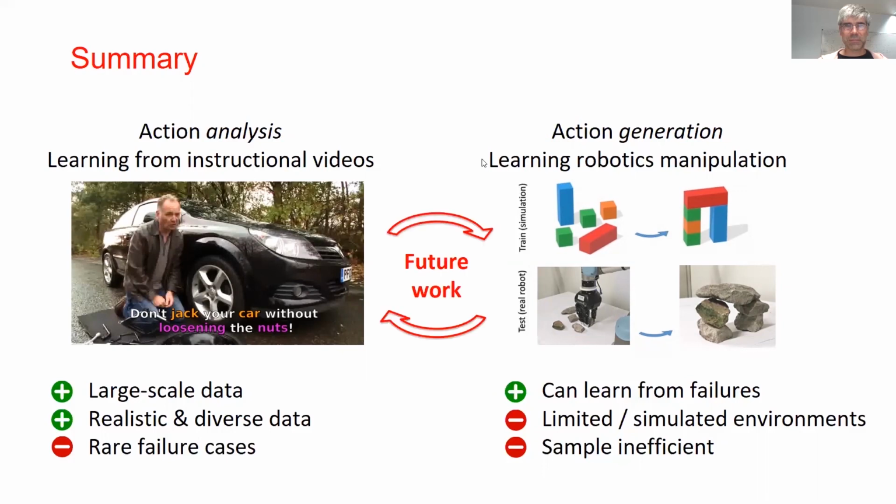But I believe the future should be a strong interaction between these two lines of work. We combine the advantages of both, so we will be able to learn from large-scale, realistic, and diverse data, which is YouTube or any other kind of video, and transfer this knowledge to robots and validate the knowledge which we have learned.